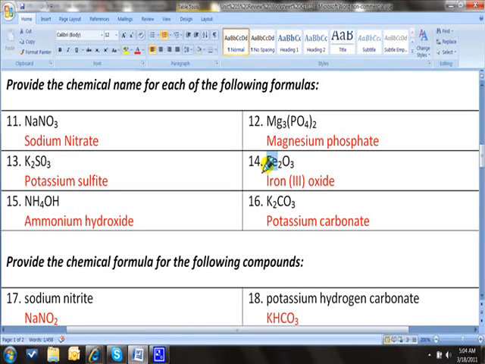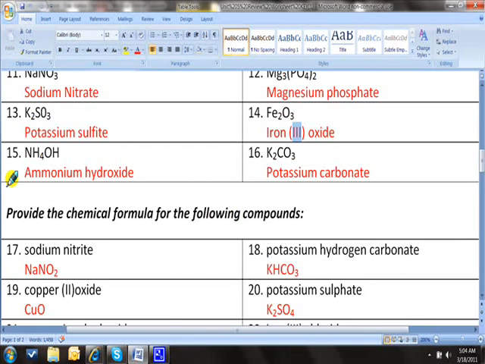So this has to be +6. 2 irons at +6 means the irons must be at a charge of 3 each. Remember, this Roman numeral is not how many irons there are. It's not necessarily how many oxygens there are. It's the charge of the cation.